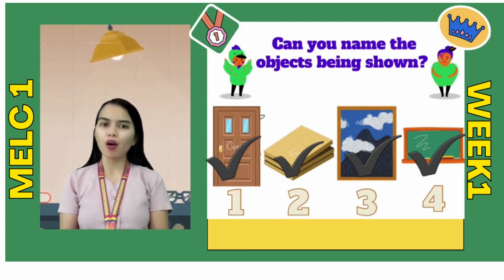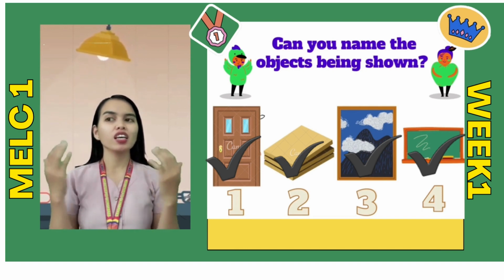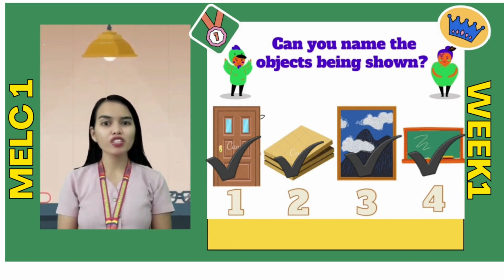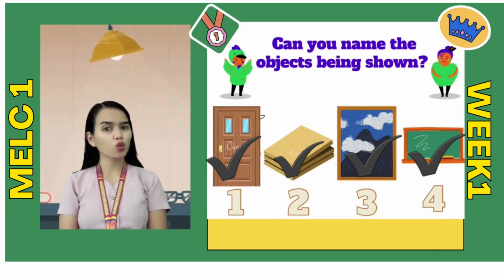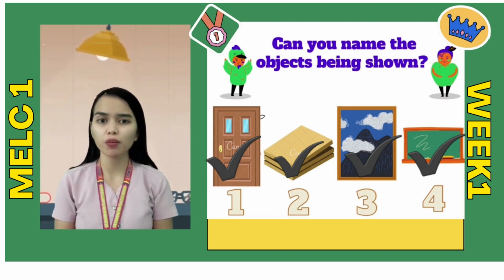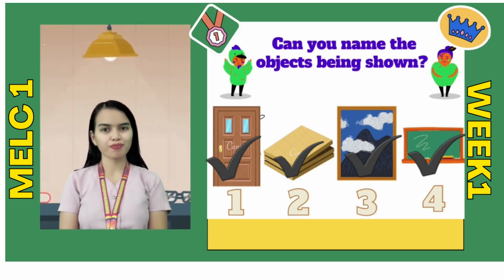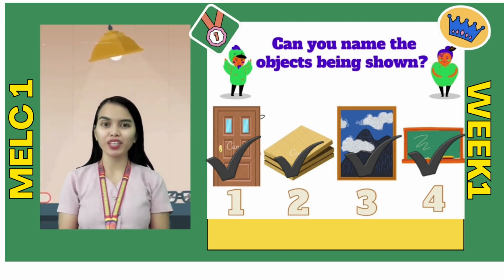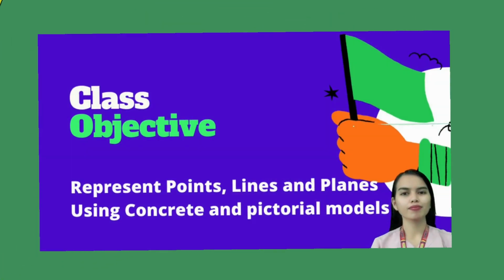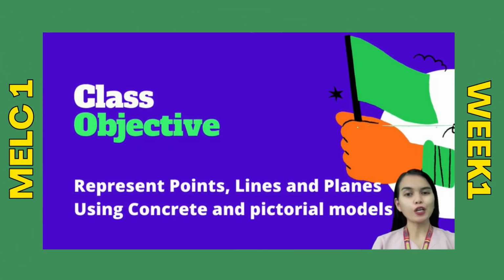Okay. Now, my question is, can you cite a reason why these pictures are being shown, or what is the relationship between these pictures? So what would be our topic for today? For today's objective, you will represent points, lines, and planes using concrete and pictorial models.